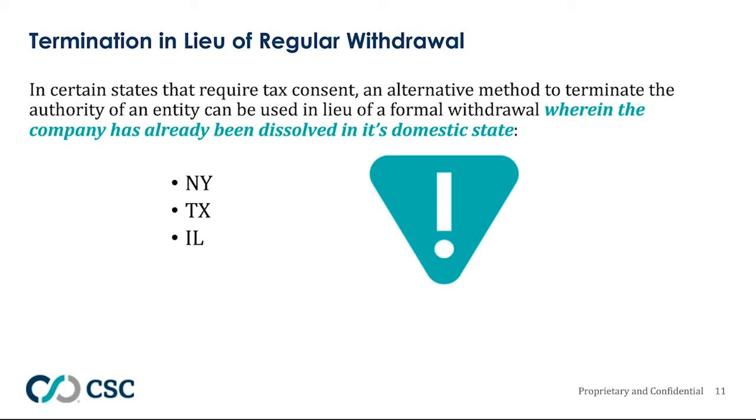And that terminates the authority of the entity. No tax consent is needed to file with the Department of State. However, you would still have to file a final return, but it would not hold up your getting the company terminated and off the taxpayer's record so they are no longer liable for tax. Similar in Texas and Illinois.